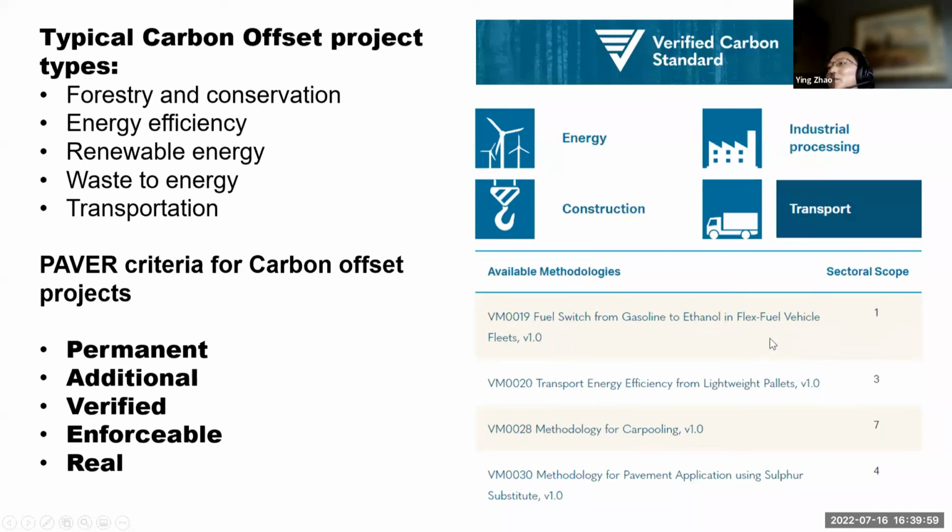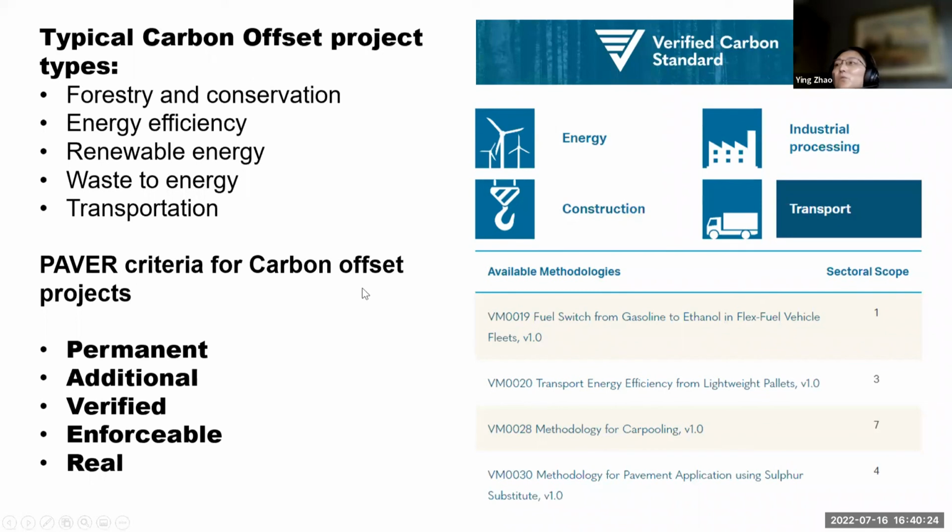So there is a lot of variety. That is why they are arguably better than renewable energy, because they cover a lot and use different reduction processes, but they need more verification.